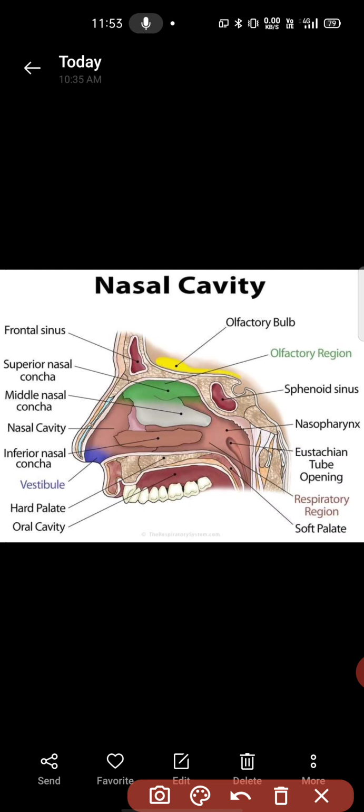You can see in this diagram the olfactory region, which has the olfactory bulb. It is the part of the nervous system which carries the sense of smell, located on the upper side of the nasal cavity, and it contains specialized olfactory cells responsible for this function.